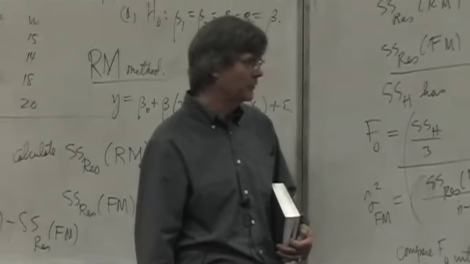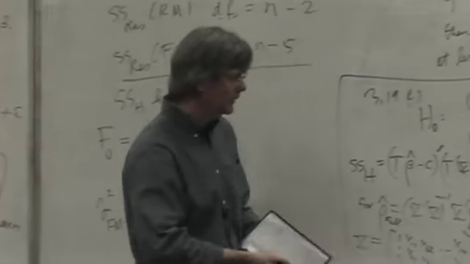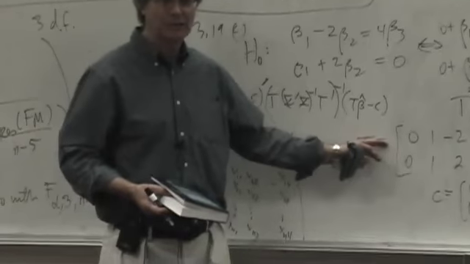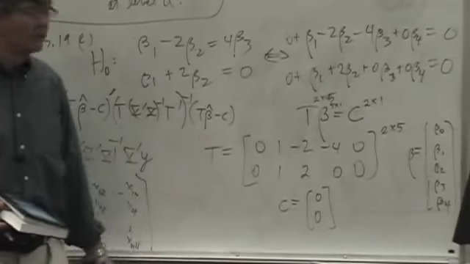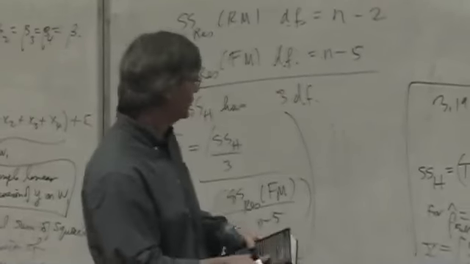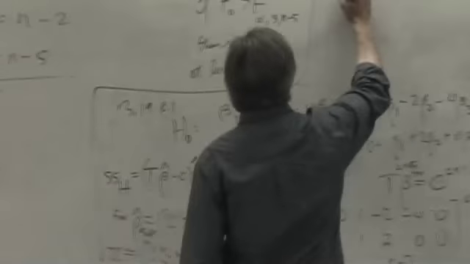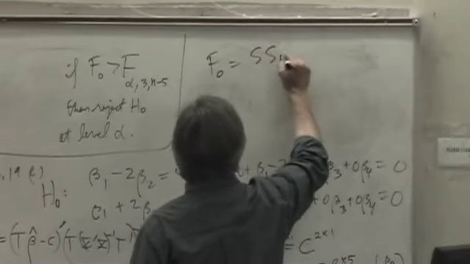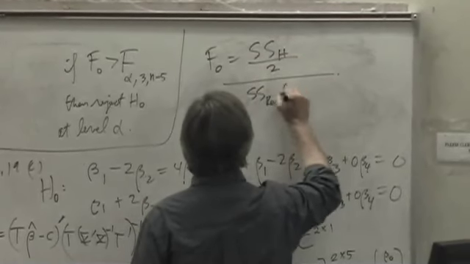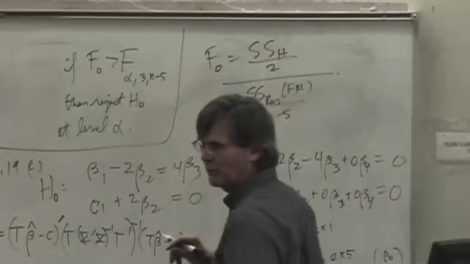That's SSH. The number of degrees of freedom is the number of rows of T. We're assuming that these rows are linearly independent. And here you see that they are, just by inspection. So the number of degrees of freedom for SSH is 2. F naught equals SSH divided by 2, divided by SS res full divided by n minus 5 as before. Sigma hat squared has the same formula.